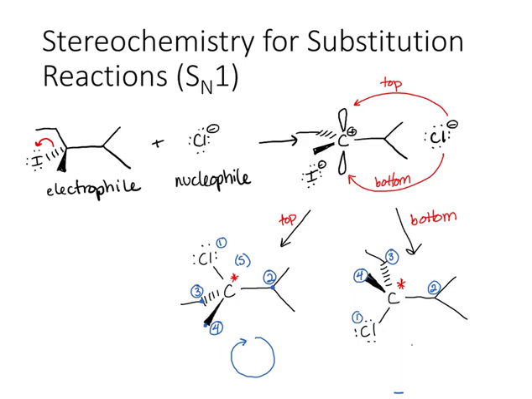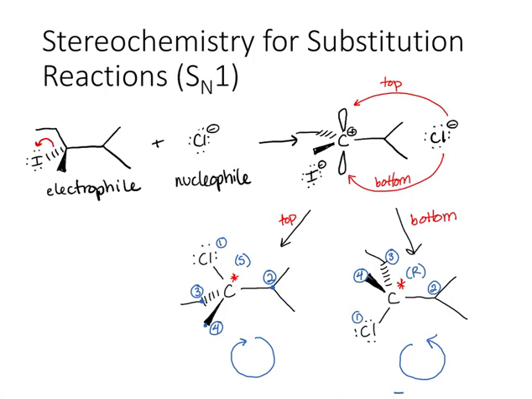This time our circle is going in the opposite direction. So it looks like it's going towards the left in a counterclockwise direction. So that would be S, except our lowest priority group is pointing towards us. So this would be R.